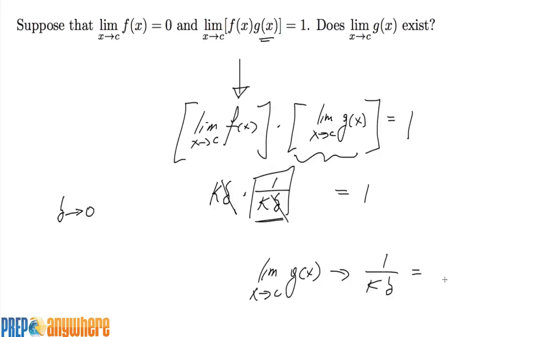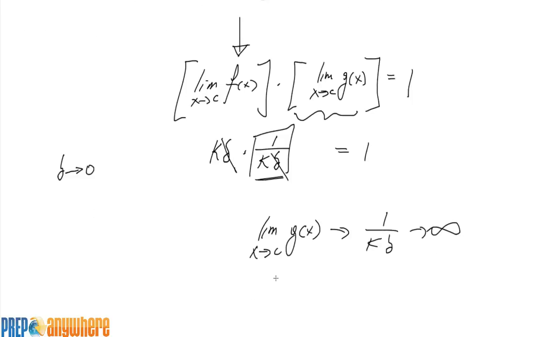It's 1 divided by a really small number, and it will grow indefinitely large. So this has to be infinity, so that the product can equal 1.